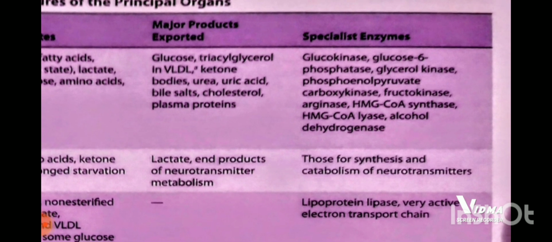Specialized enzymes, meaning which enzymes are involved? Glucokinase, glucose 6-phosphatase, glycerol kinase, phosphoenolpyruvate carboxykinase, phosphofructokinase, arginase, HMG-CoA synthase, HMG-CoA lyase, alcohol dehydrogenase.